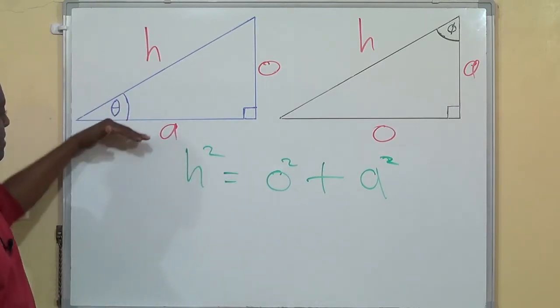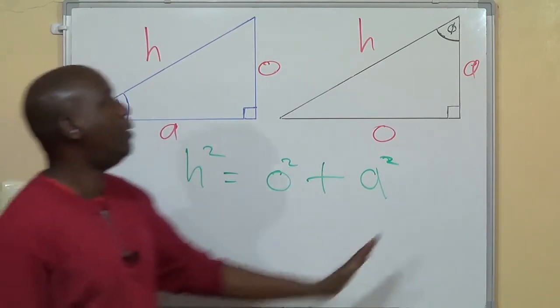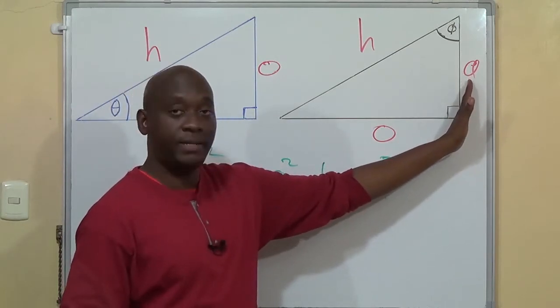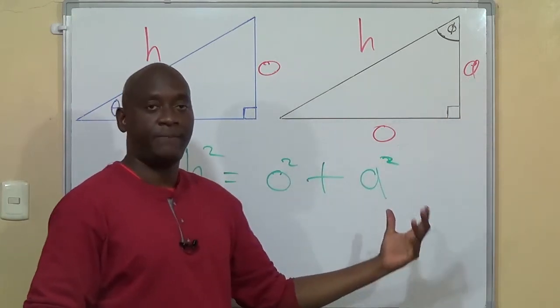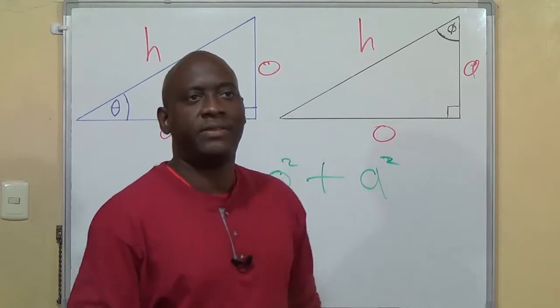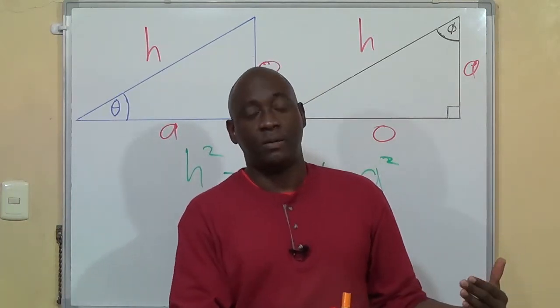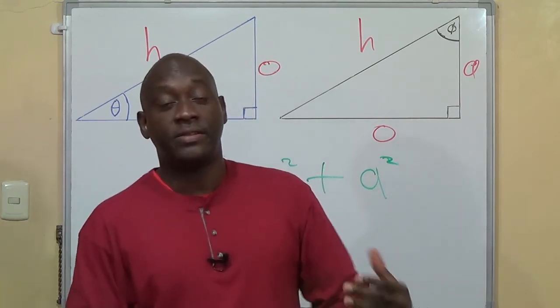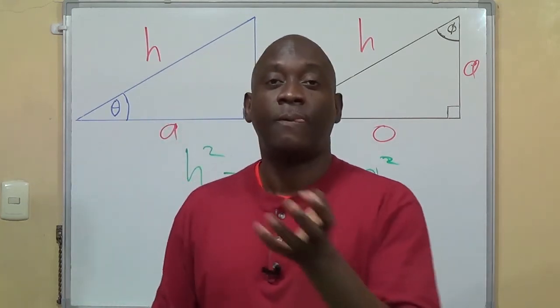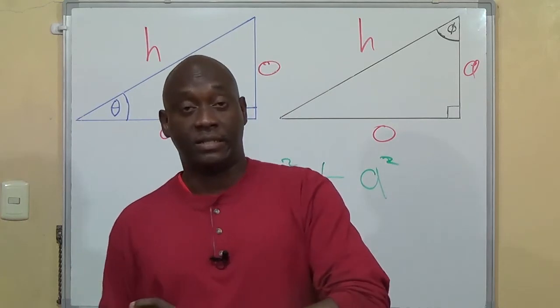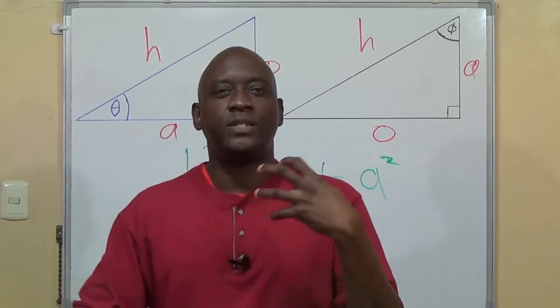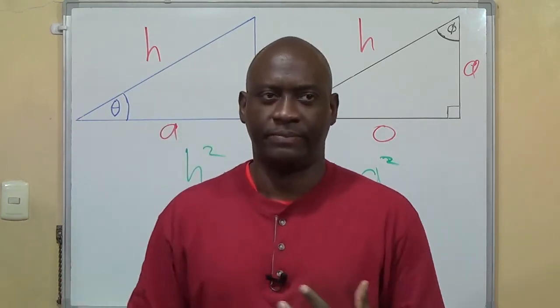If your adjacent side is on this side in the blue triangle, or on this side in the black triangle, it is still the adjacent side. So I want people to think always in terms not just of a generic A, B, and C, where the right angle triangle is concerned. Think in terms of hypotenuse, opposite, and adjacent. That is setting the tone for your trigonometry.